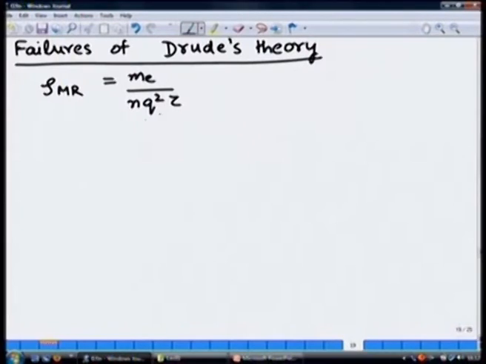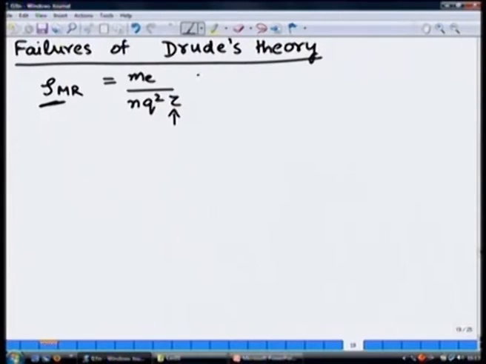What I am trying to point out here is that this is a quantity which is tau dependent. If there is an error in tau, in how we estimate tau from conductivity measurements, then independently, if you try to match with rho MR, you should be able to see if the Drude theory is right. If the Drude theory is right, they should match. If it is not right, they will not match. What you find is that this quantity is independent of the magnetic field that you apply, but in practice it is not so.